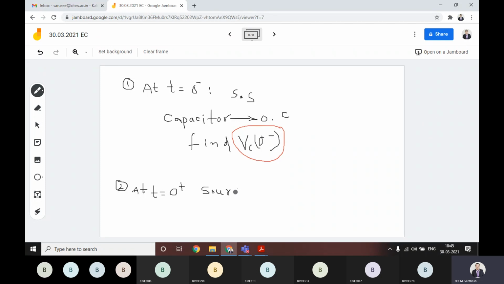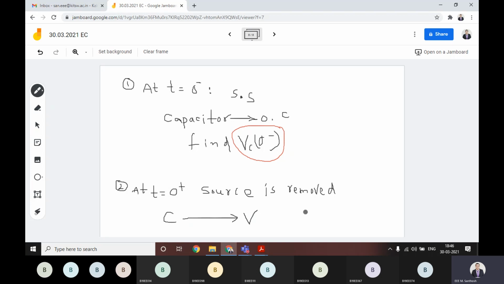Source free means the source is removed. Initially the source was connected, now it is removed. Then what happens with the voltage? Basically this capacitor won't allow sudden changes in voltage. In case of an inductor, it won't allow sudden changes in current.